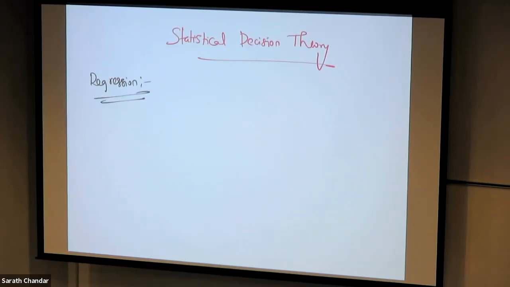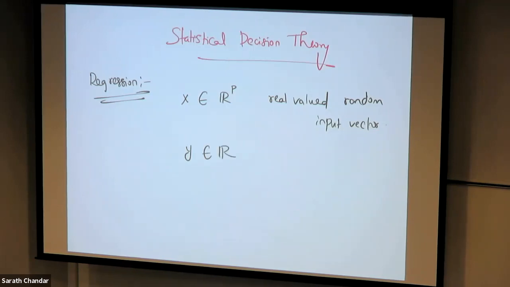Now in the case of regression, I have some input x, which is p-dimensional. We are going to consider these inputs and outputs to be random variables. So this is a real valued random input vector, and we have some output y, which is a real valued random output variable.